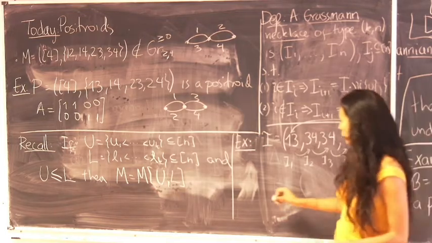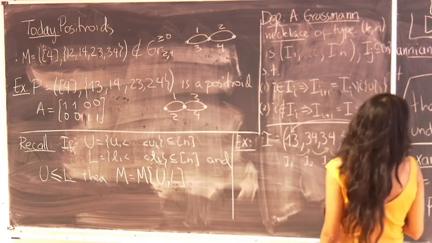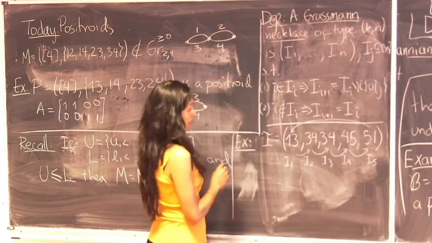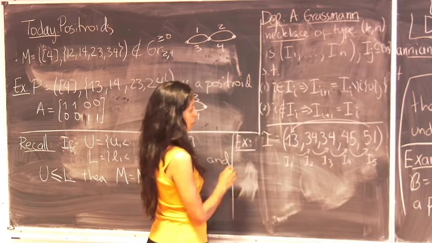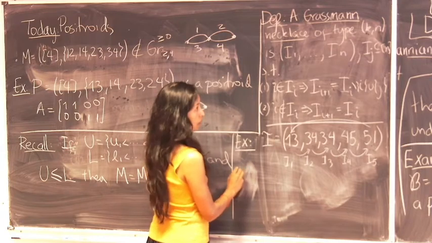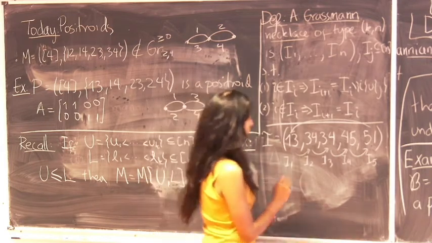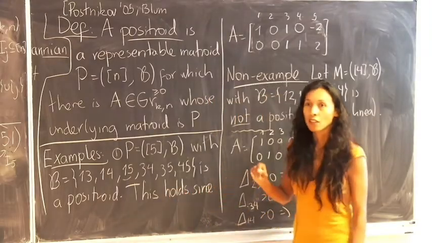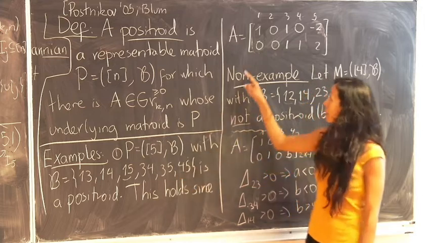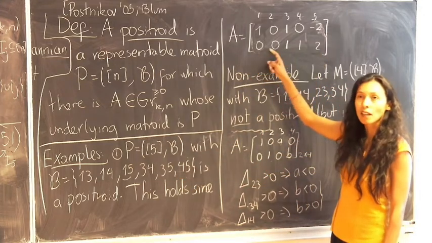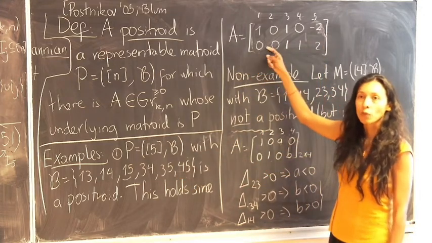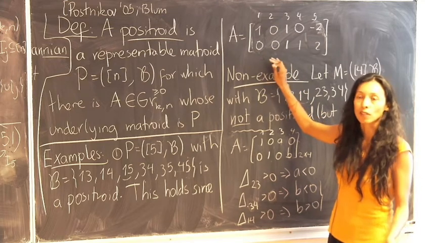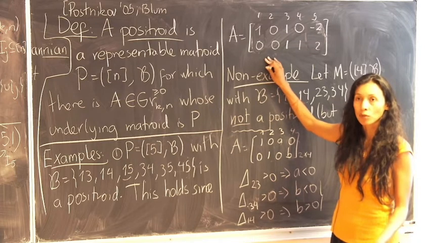So where did this come from? These actually are going to come from positroids, as follows. If we were to look at what we did in example 1, we have it right here. We had this matrix here. And basically, whenever we have a representable matroid, whether or not it's a positroid, we're going to be able to build a Grassmann necklace.